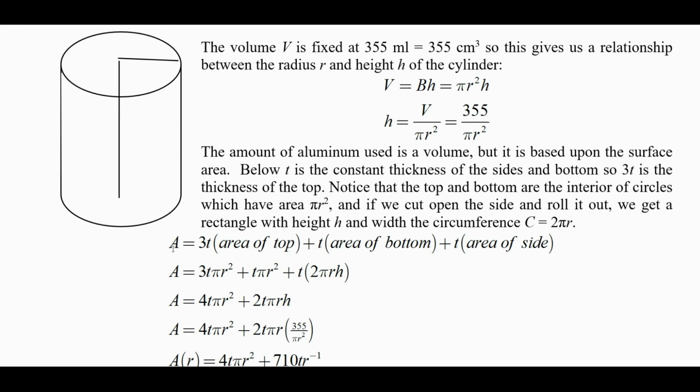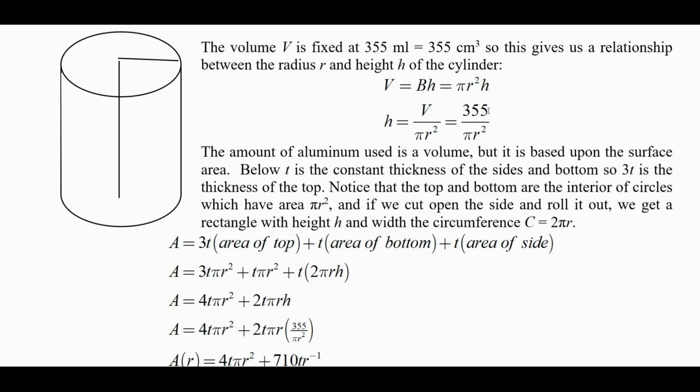So if we put that together, the amount is 3t times the area of the top, 3t pi r squared, plus t times the area of the bottom, t pi r squared, plus t times the area of the side, 2 pi r h. Put these together and we get 4t pi r squared plus 2t pi r h.